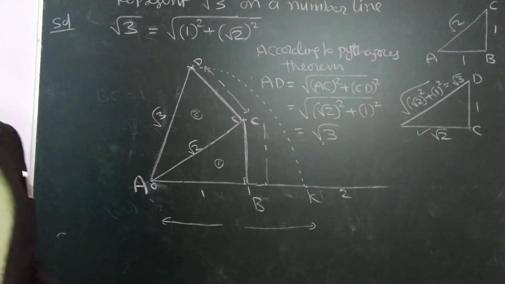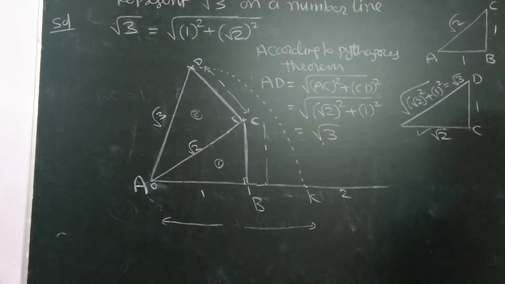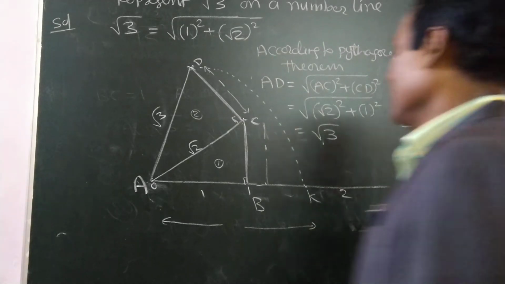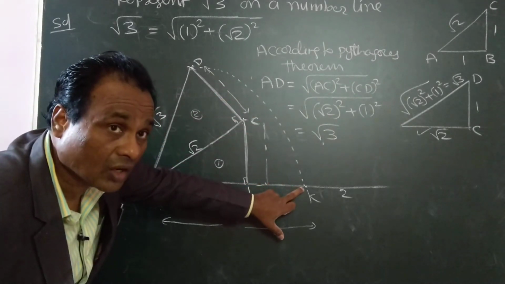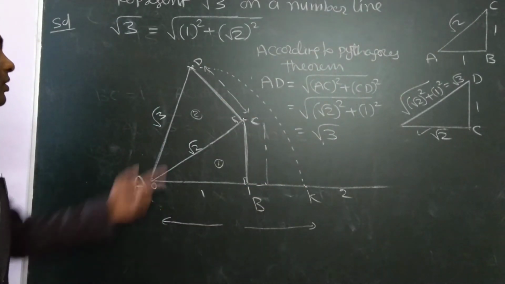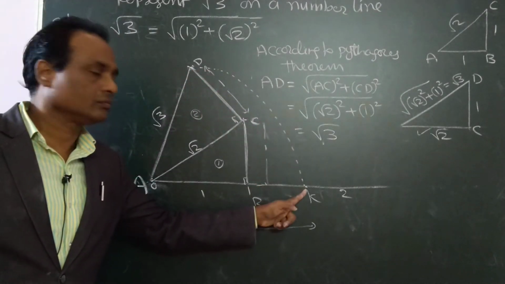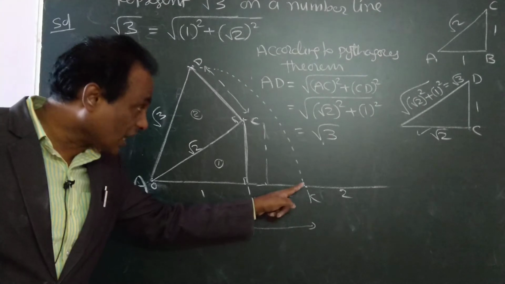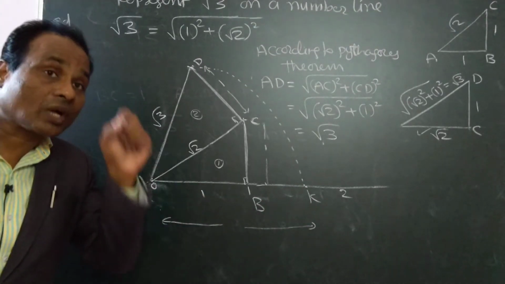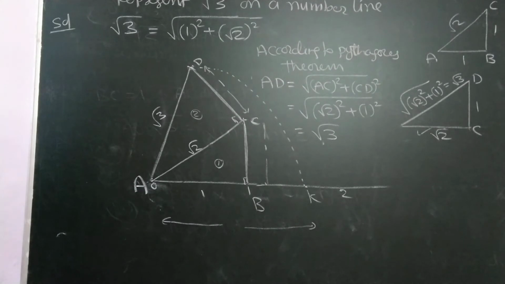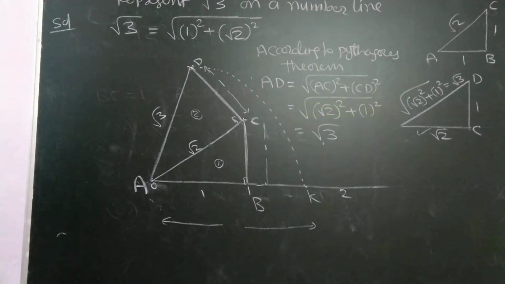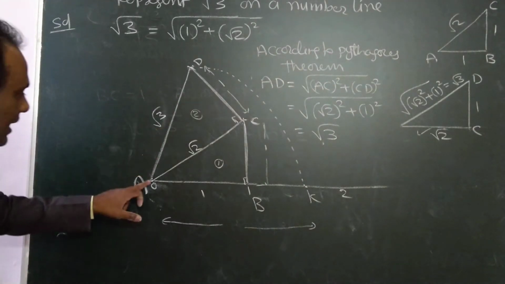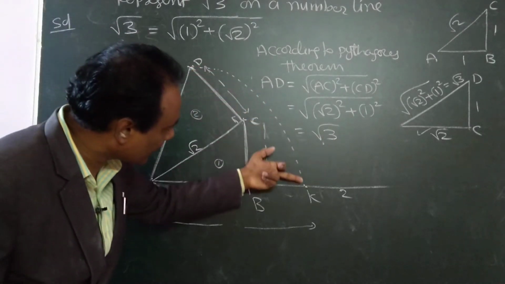Take A as center, AD as radius, draw an arc to cut the number line at K. If this is root 3, AK will also be root 3 because the same length is taken.